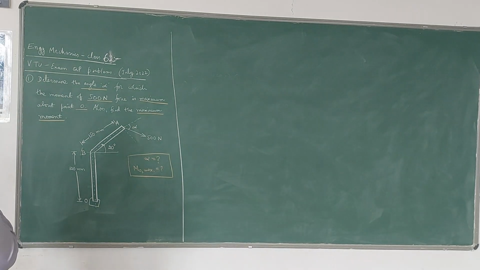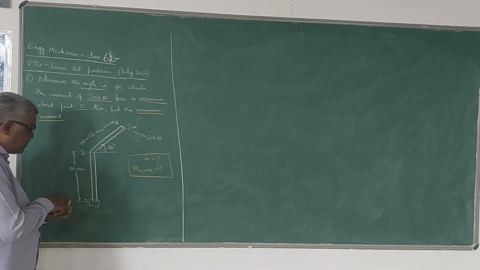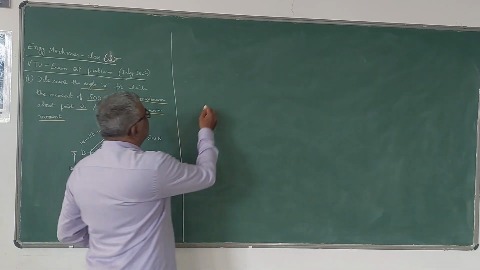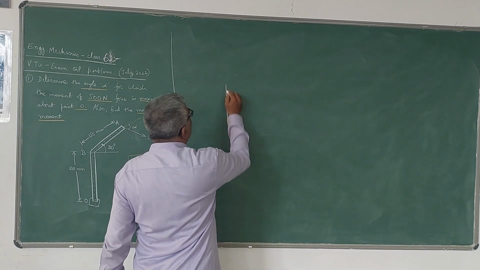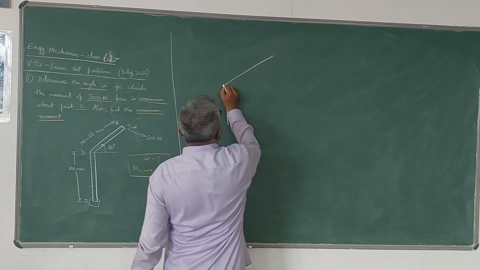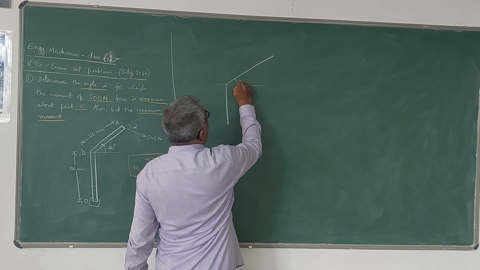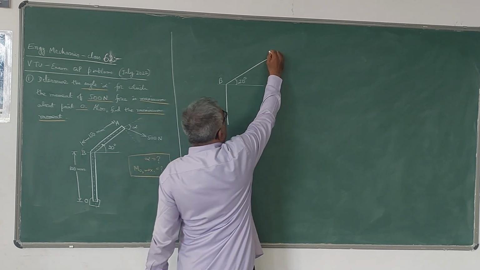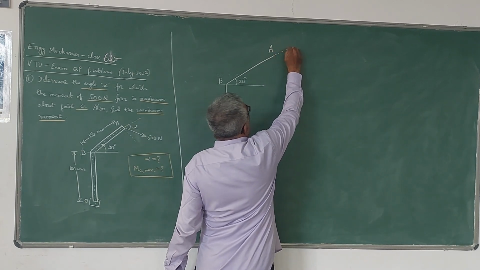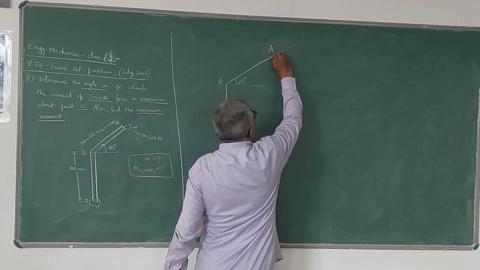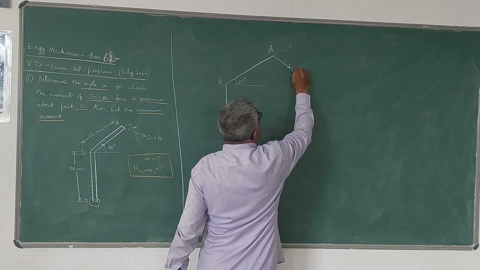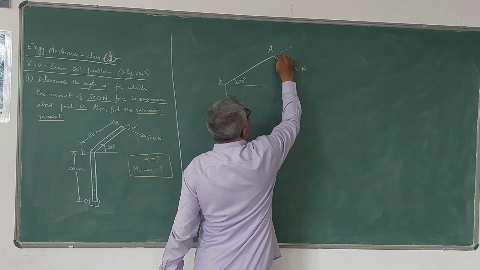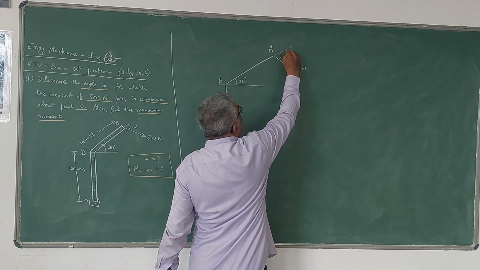Now for doing this problem, we will resolve this 500 Newton force. Let me write the sketch like this. This is 20 degrees, this is B, this is O, this is A. So here 500 Newton force is given like this. This is making an angle of alpha with BA extended like this.